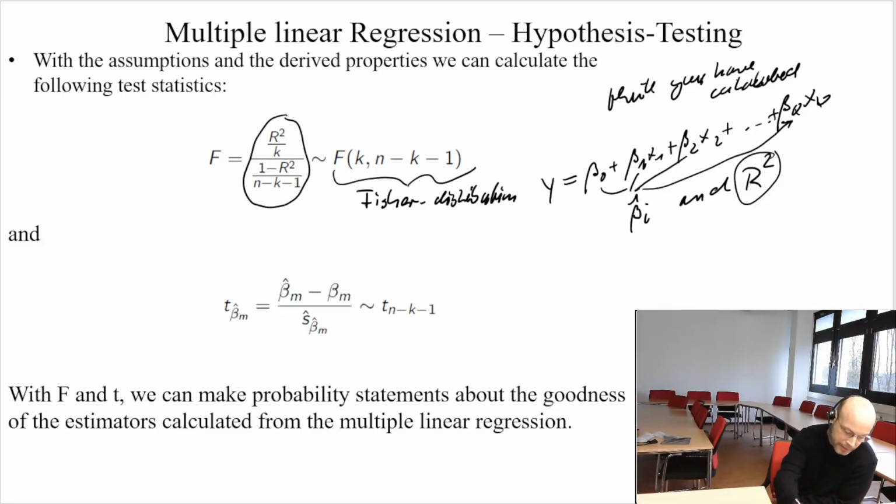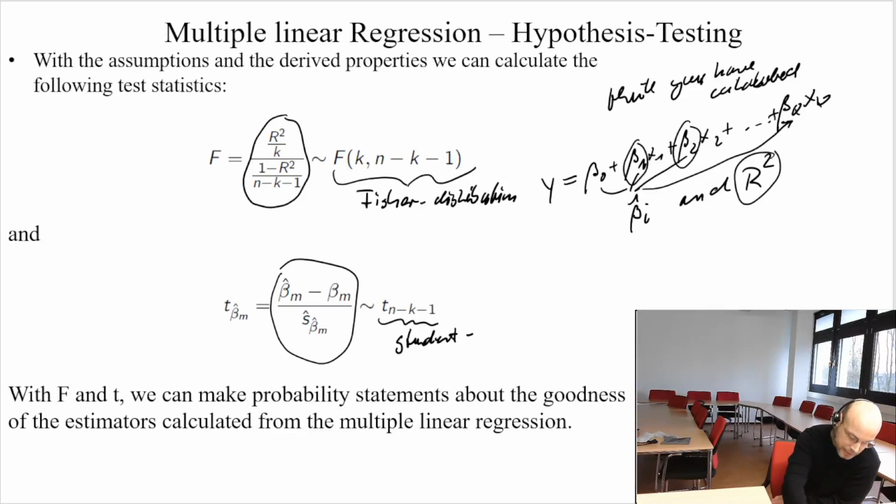And our single regression parameters also have a special distribution if we calculate these so-called t-values, and this is called the Student distribution.